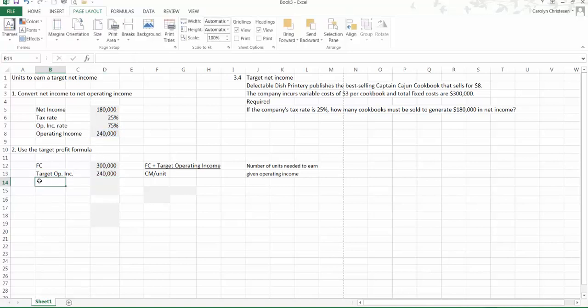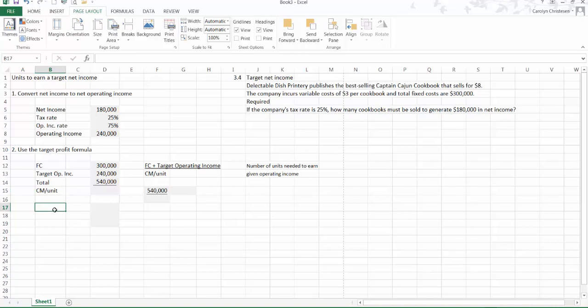So we're going to add those two together. Our numerator is going to be $540,000. I'm going to put that over here so we can see clearly what we're adding, subtracting, multiplying, and dividing. And we want to divide that by our contribution margin per unit.